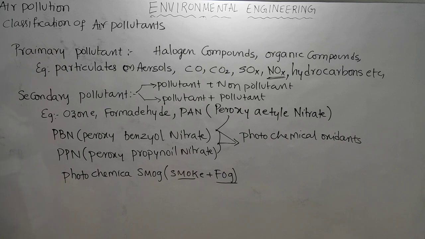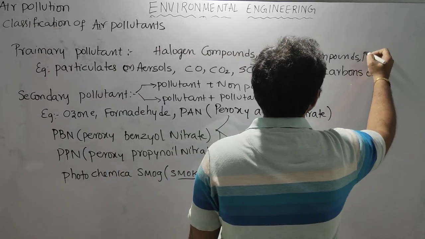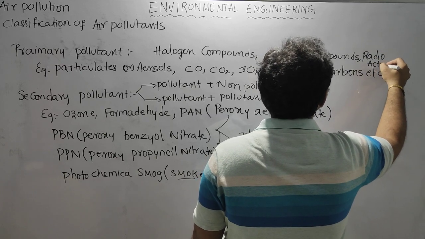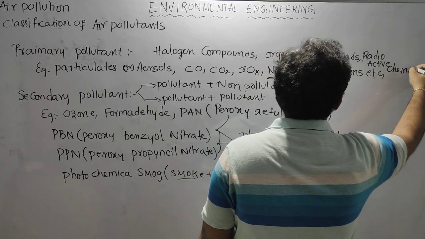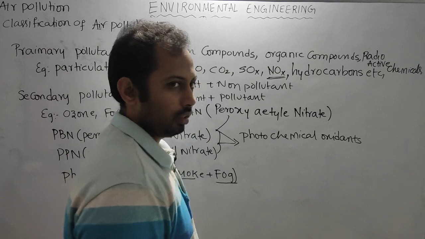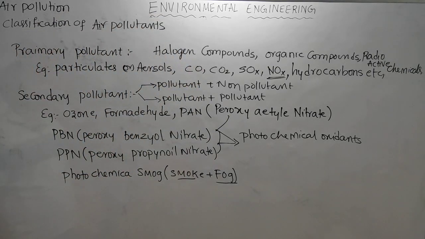They are also considered primary pollutants. And radioactive metals, radioactive chemicals, they are all considered primary pollutants. So these are the different kinds of primary pollutants and these are the different kinds of secondary pollutants.